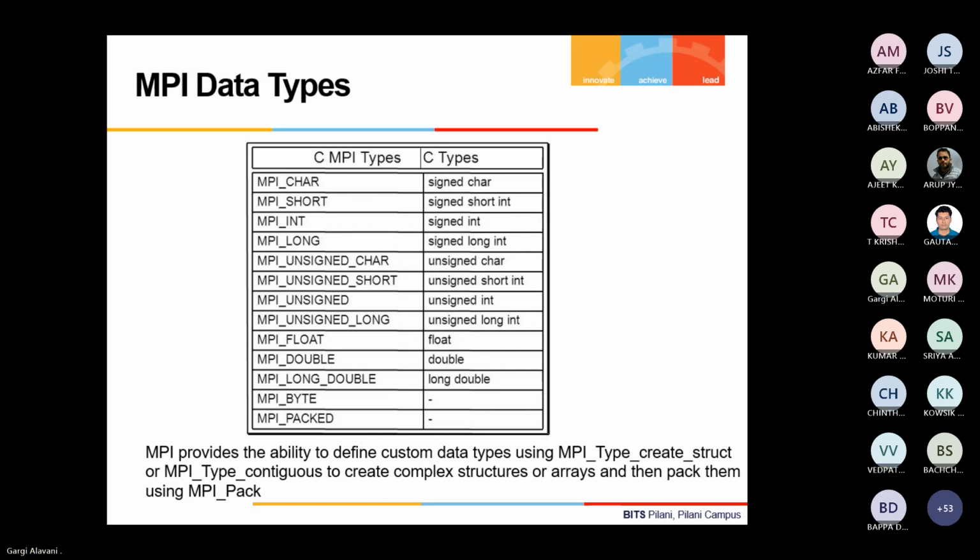Ma'am, if we consider the byte requirement for, let's say, integer, typically it is 4 bytes depending on the machine. If we have MPI int corresponding to it, does it have more information than what an integer holds? Theoretically, MPI int is a wrapper over signed int.